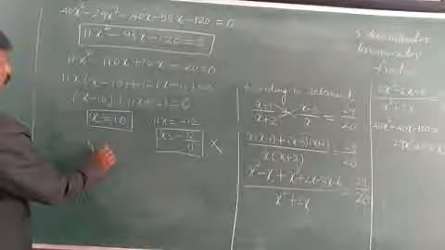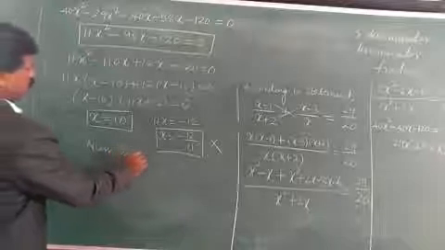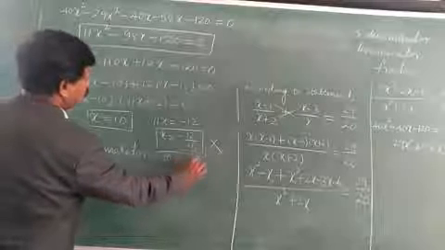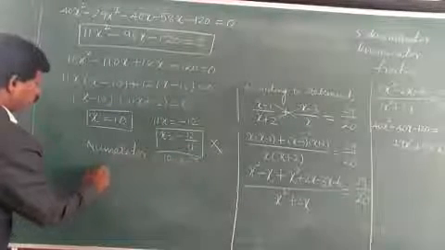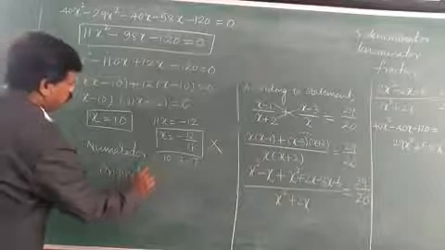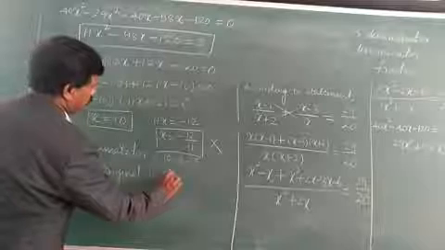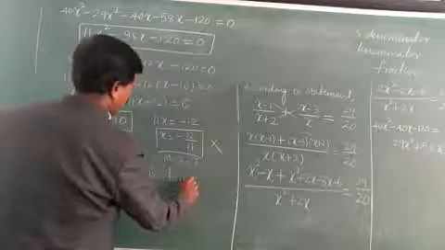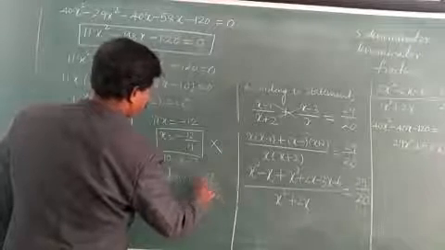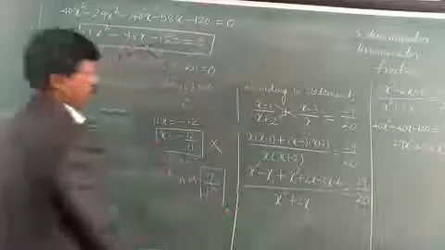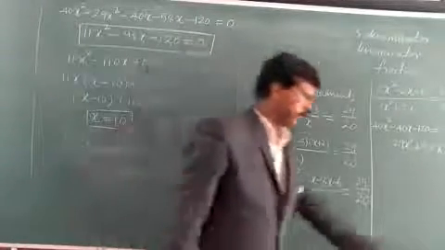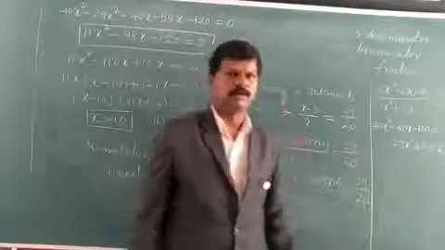Numerator is 10 minus 3 equals 7. Therefore, the original fraction is 7 by 10. So this is the way of solving quadratic equation statement problems. Understood?